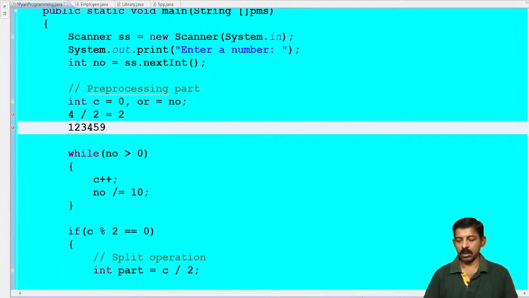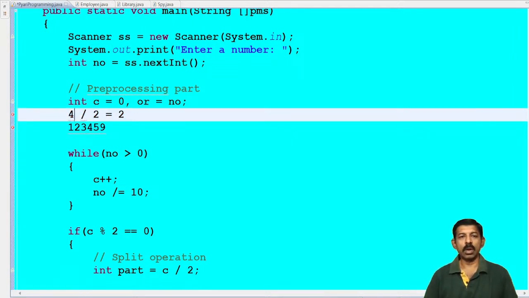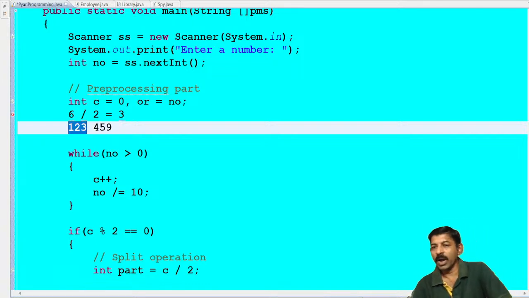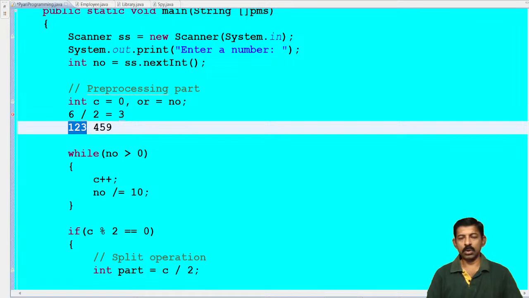Look at this. Number of digits is 6. By 2 we got 3. So that means I need to divide it in 3 digit parts. Everyone understood why by 2? Rest of the candidates, those who have not given the answer, understood?